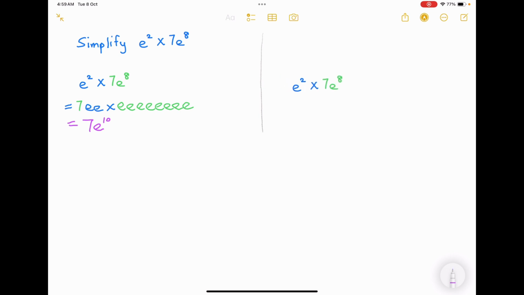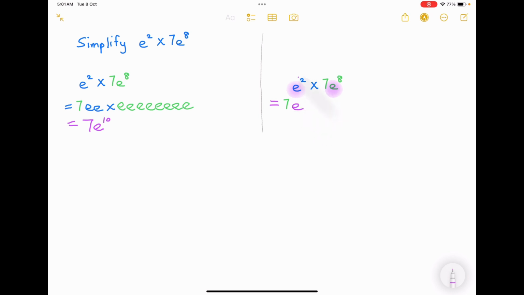Using the same base law, seven goes to the front. The base is the same. We write E 1 time.